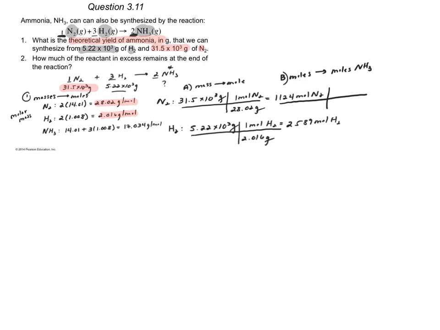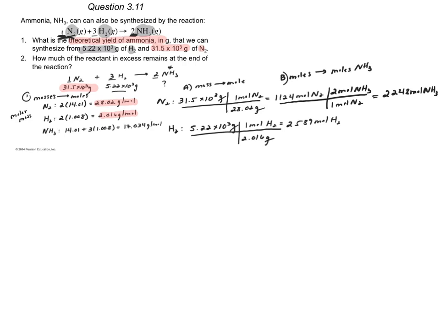So for every 1 mole of nitrogen, that's what we're converting from, we get 2 moles of NH3. I'm going to take my 1,124, multiply by 2, divide by 1. In theory, the amount of ammonia we can make would be 2,248 moles of NH3.